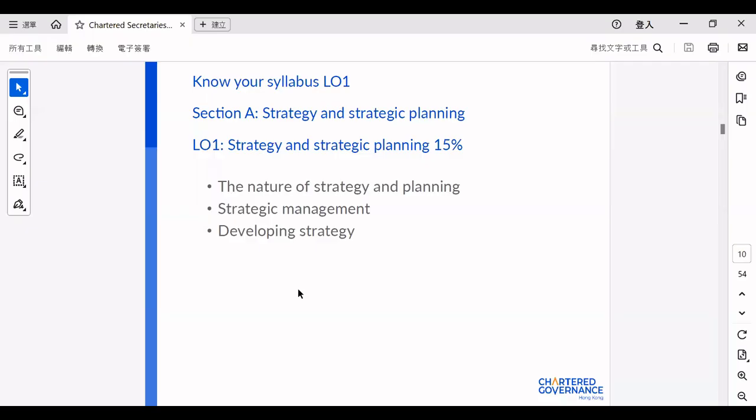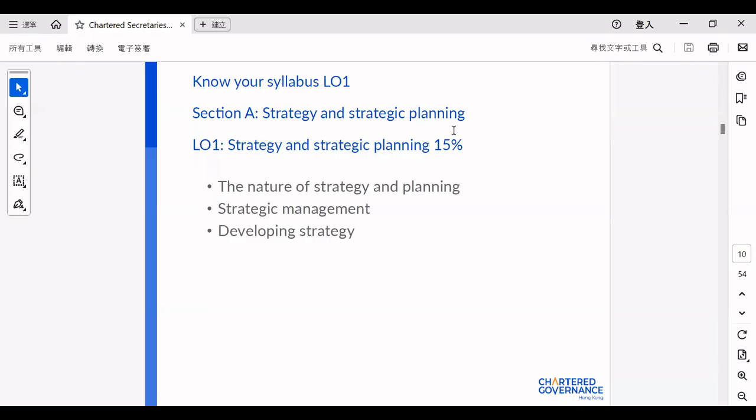Before a company starts off with any planning, any strategy, and any choices, it is the very beginning stage of how they develop a strategy. And this is 15%. What does that mean? About 15% of the marks may be allocated to this topic.